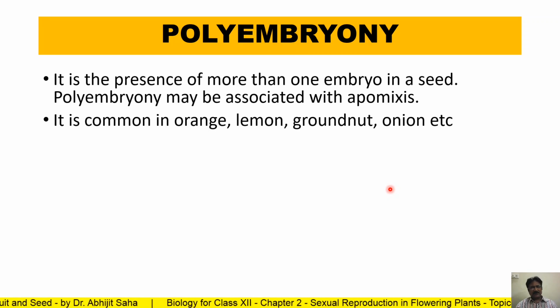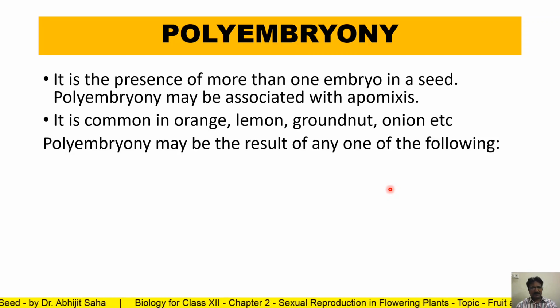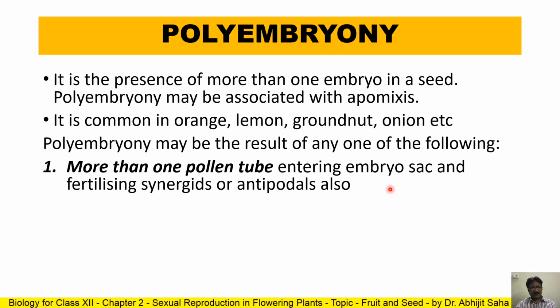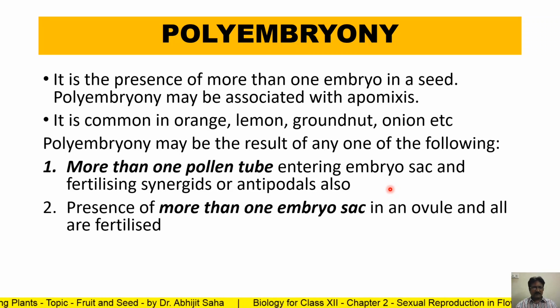This is very commonly found in orange, lemon, groundnut, etc. Polyembryony may be the result of many causes, but we will discuss only a few. Number one, it may so happen that more than one pollen tube enters the embryo sac and fertilizes the synergids and antipodal cells along with the egg. So all of these form embryos and result in polyembryony.